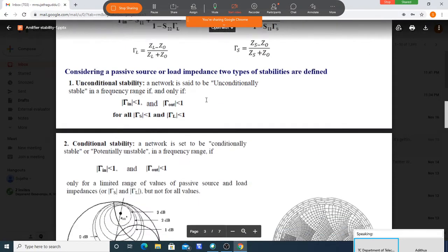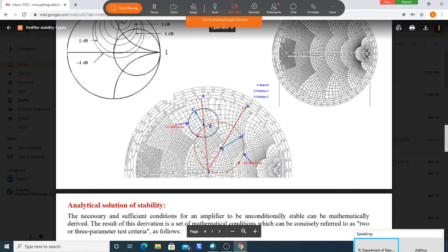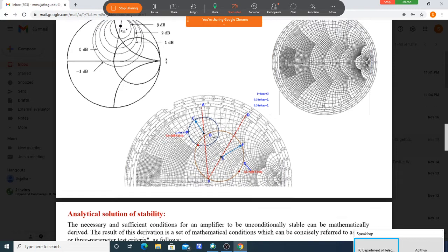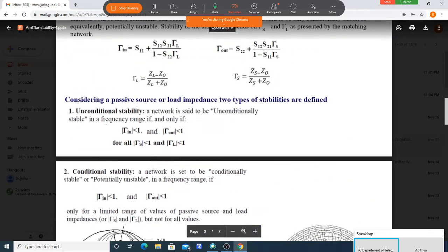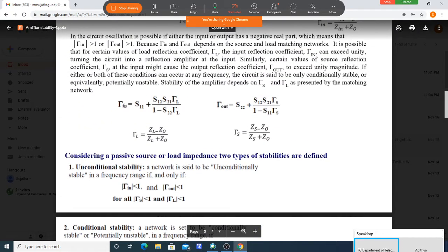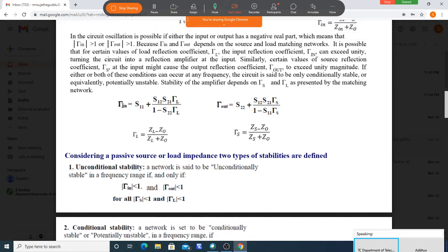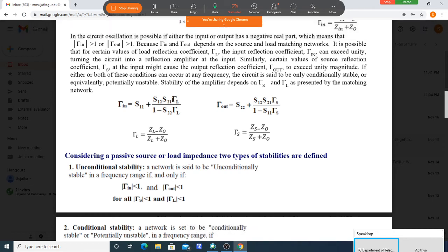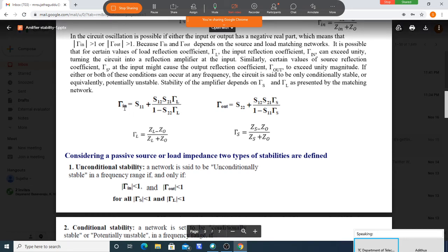So now, what value do we have to choose here? What value do we have to choose over the circle? If you choose which value, then ZIN is lesser than 1? That we have to see. ZIN must be lesser than 1 for whatever value you choose on ZL. For that value, ZIN must be lesser than 1.